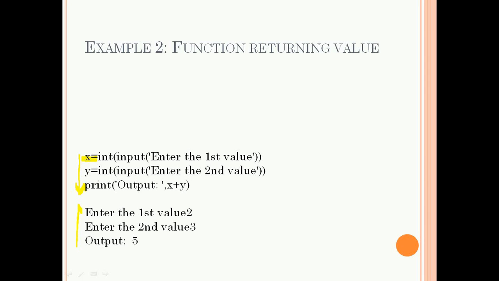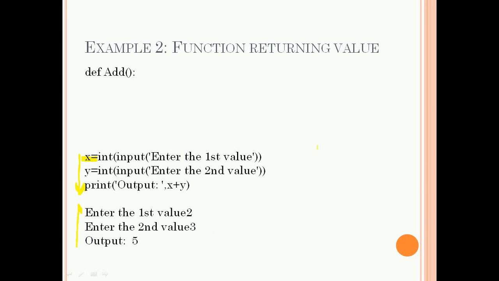So first of all we must write the function using the keyword def, and again the name is the same, add. Here, as this function is returning a value and it is not printing anything, and it is not accepting any input also, so inside the function we will take input from the user.